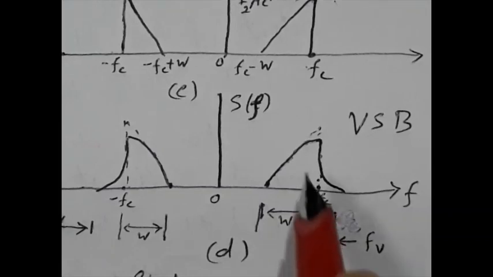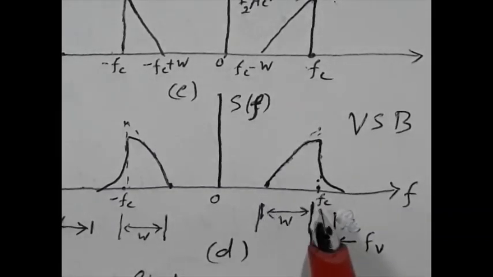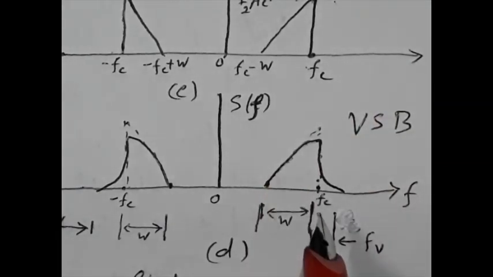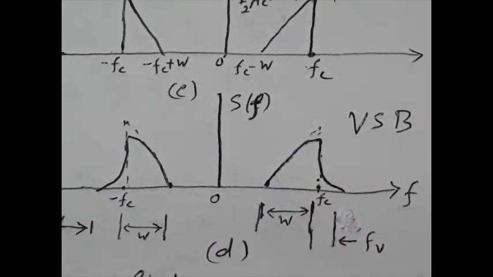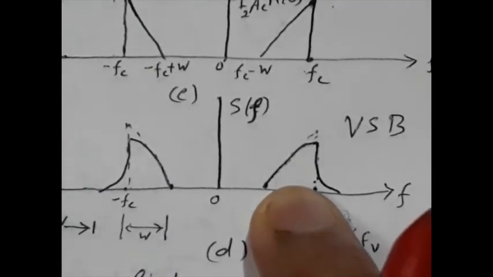So the total bandwidth becomes slightly greater than W but less than twice W, right? So this is what we call the vestigial sideband. One sideband will be transmitted completely, and a portion of the other sideband will be transmitted along with the original sideband.